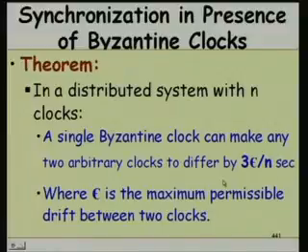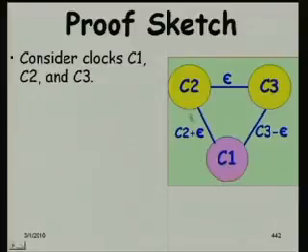Let us see how we get that, not very hard. See here, we have a bad clock C1, let us assume 3 clocks. This is the sketch of the proof, we will consider 3, you can generalize to n very easily. So, we assume that 1 is bad.